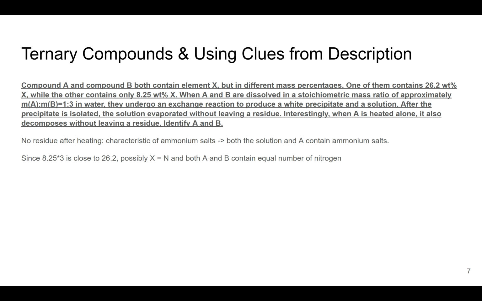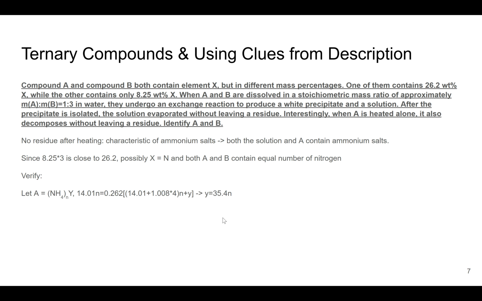So the natural first step for us to take is to assume that A and B both contain nitrogen, or they both contain hydrogen. Hydrogen would probably be true, but we know that X is probably nitrogen because hydrogen is so light, and so it's very hard to imagine it taking up 26.2% by mass of a compound. So we probably have to guess that X equals nitrogen first.